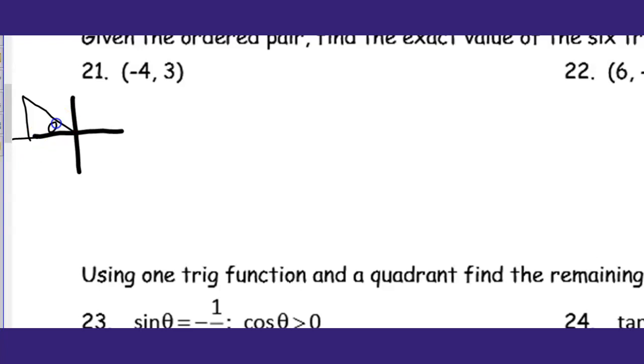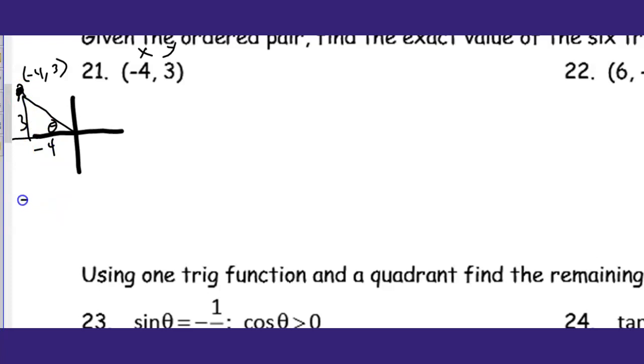Remember, theta is from the origin. And so we have negative, this is x, this is y. So -x and y, all right, up 3. That's a +3 because the point's right here. -4, 3, right? So left 4, up 3.